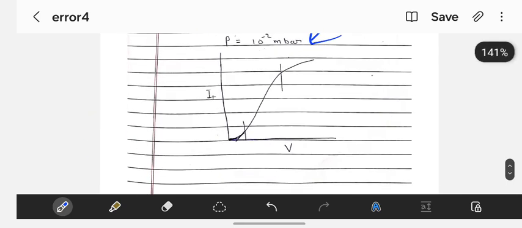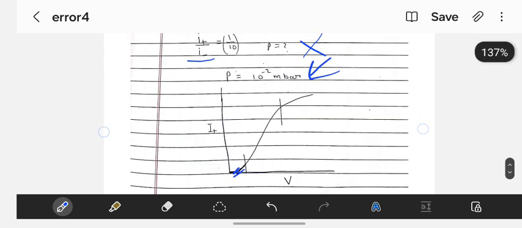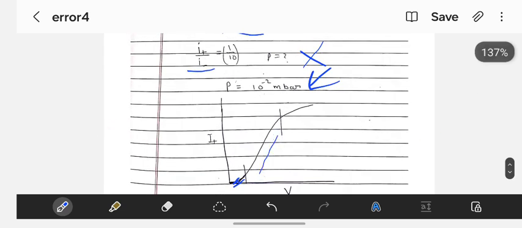It need not go to the origin here. It can start from the origin or from some distance, because there will be a threshold potential somewhere when the ions will start to move, or the electrons will be emitted from the tungsten filament. That's how we get this graph, and we consider this straight line curve.